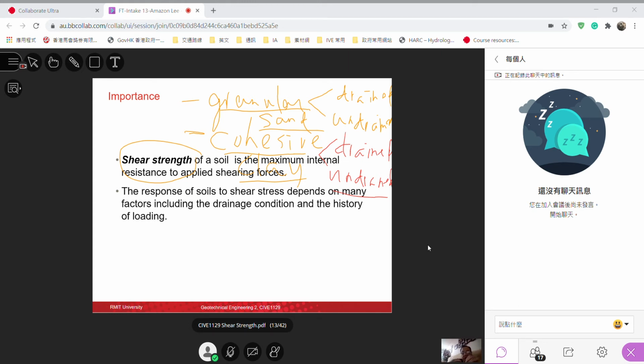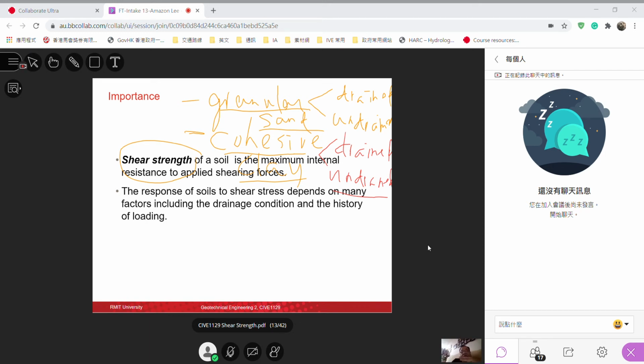So the pore water will play an important part in the development of shear strength across the frictional interface. You can imagine that if you have some water along the frictional interface, water will act as a lubricating effect, so you will reduce the potential frictional resistance.